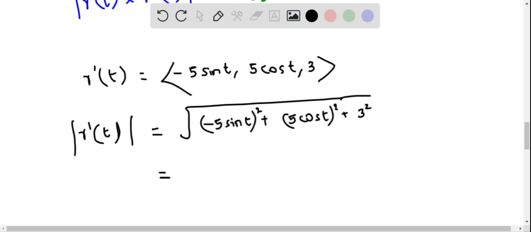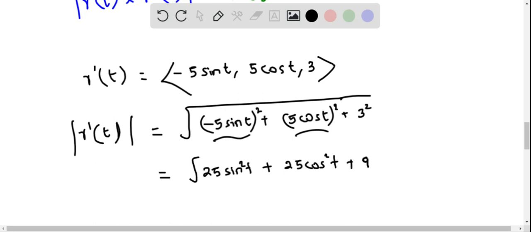Now let's evaluate this. This equals 25 sine squared t plus 25 cosine squared t plus 9, all under the square root.